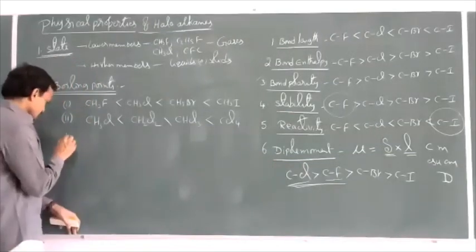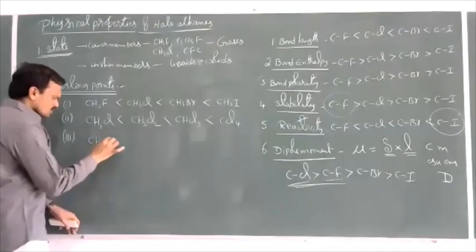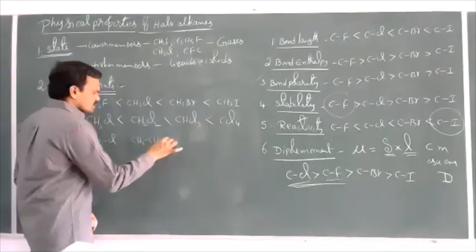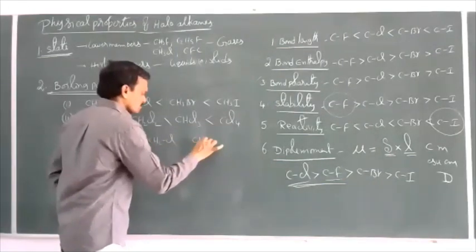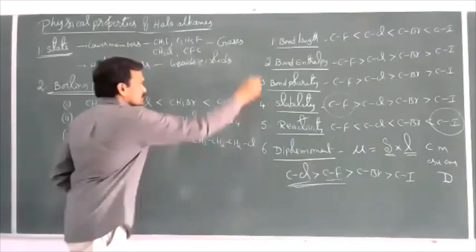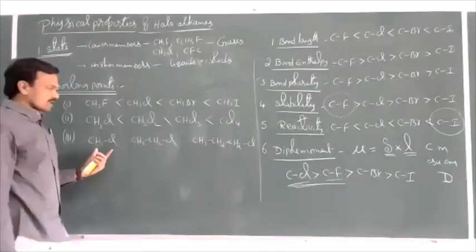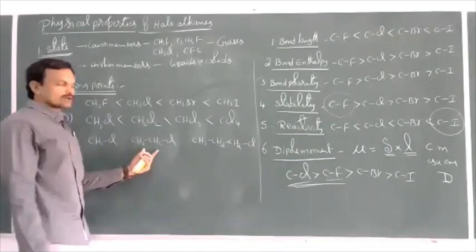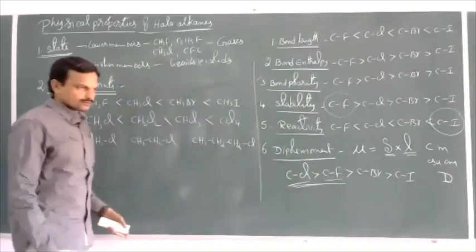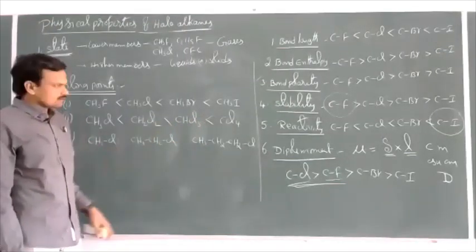Next, third case. CH3Cl, CH3CH2Cl, CH3CH2CH2Cl. That means here I'm just increasing the number of carbon atoms. Methyl chloride, ethyl chloride, propyl chloride, butyl chloride, and so on. That means here the length of the carbon chain increases.